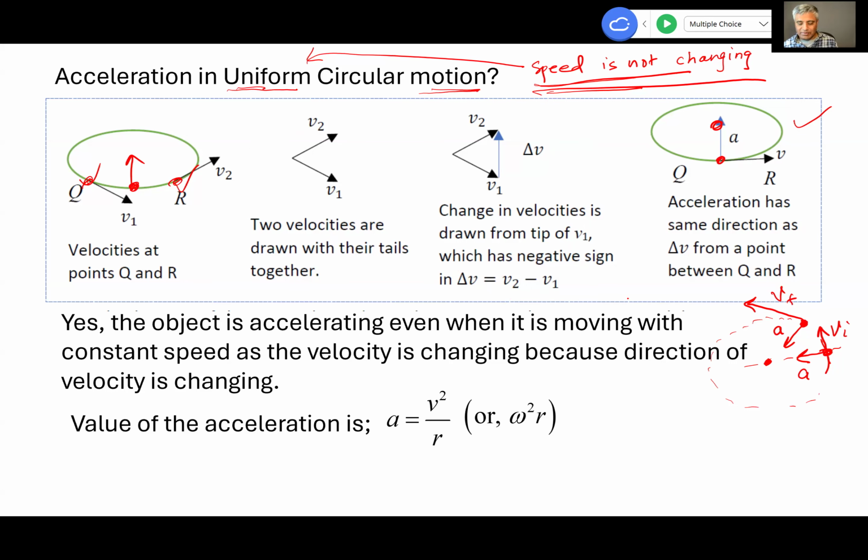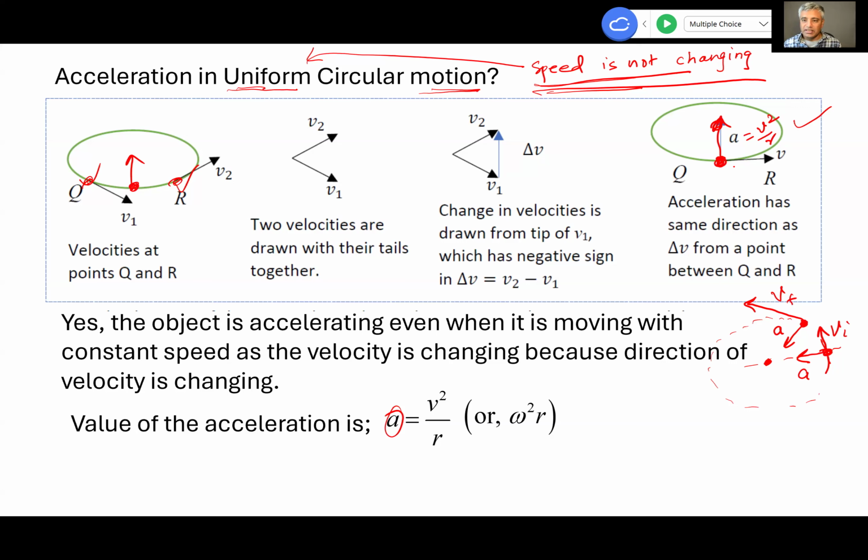So this can be derived, but here I'm not going to derive it. What I'm going to do, rather, is just write the equation. So this is the speed. So acceleration at any point. So for example, here, the direction of acceleration is this. So what's the value of acceleration? V square over R. V, what is V? V is the speed at that point.